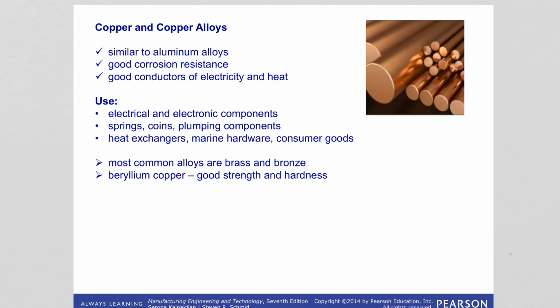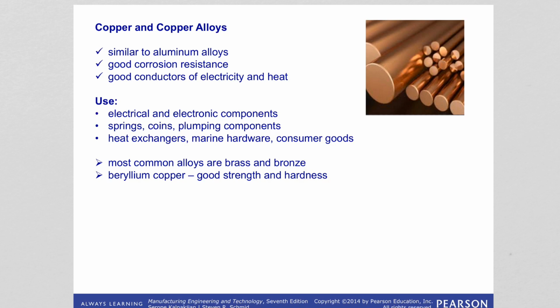So when it comes to copper and its alloys, very similar to aluminum. Good corrosion resistance, good conductors of electricity and heat. That's why they are used in electrical and electronic components, springs, coins, plumbing components, heat exchangers, marine hardware, because they have good corrosion resistance basically, and consumer goods.